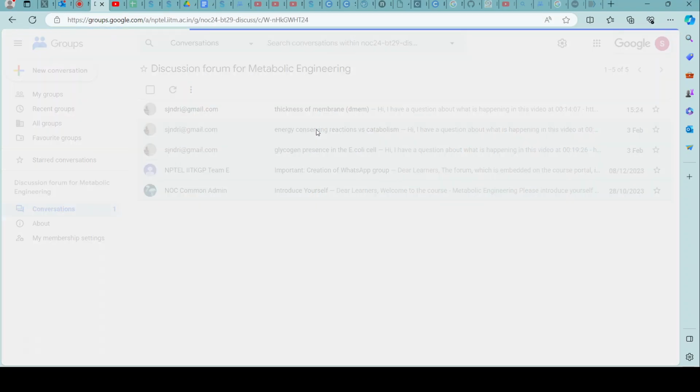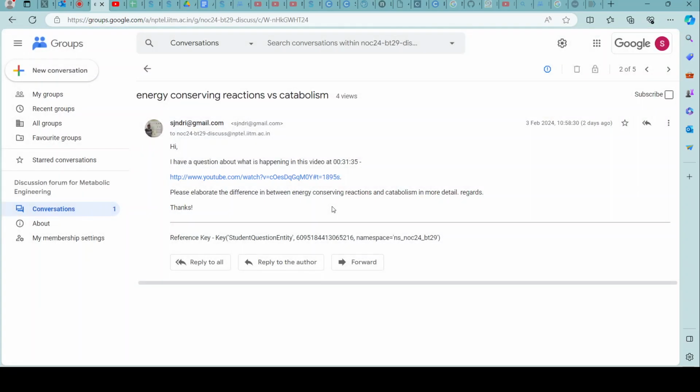the difference between energy conserving reactions and catabolism. What people consider as energy conserving reaction and catabolism is different.